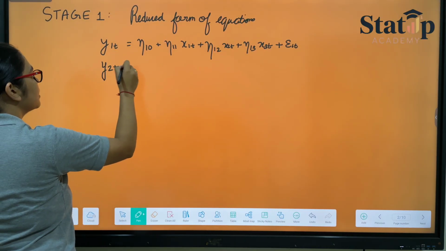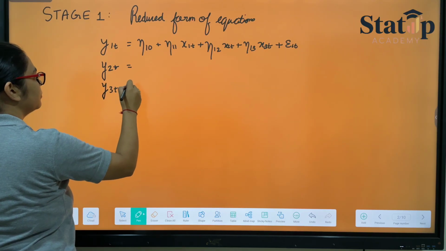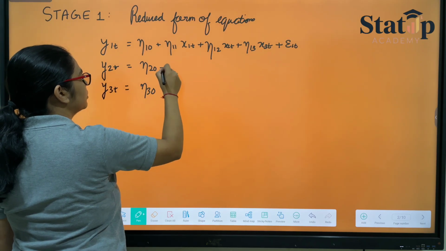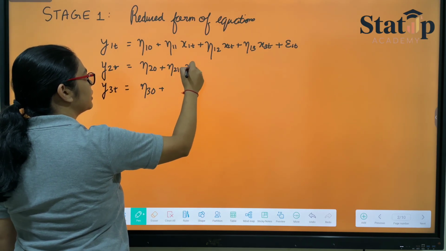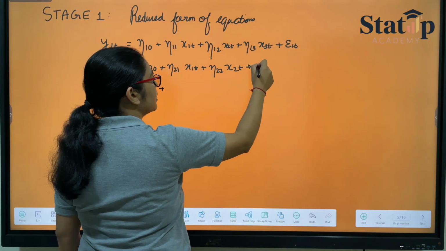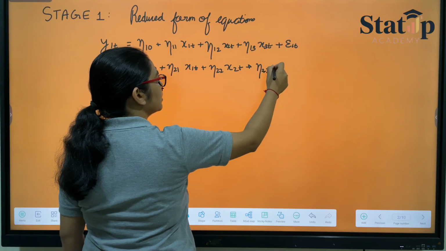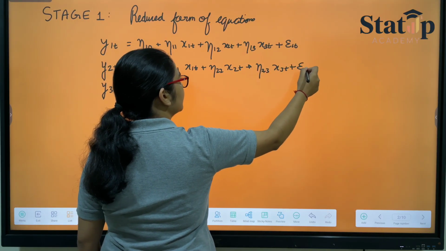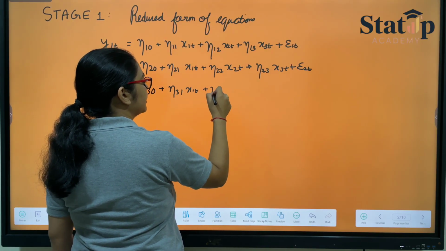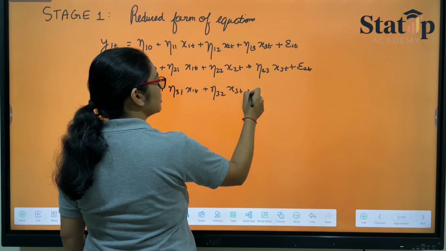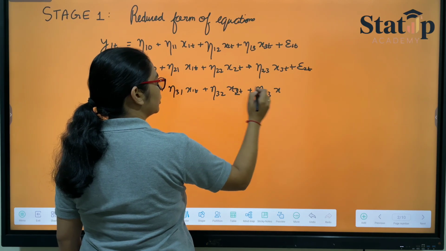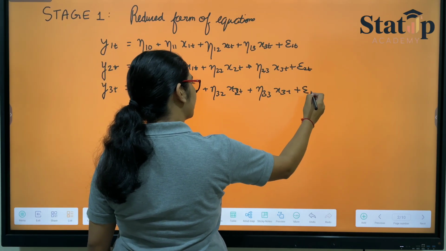Similarly for the second and third, it will be eta 2 0 plus eta 2 1 x1t plus eta 2 2 x2t plus eta 2 3 x3t plus epsilon 2t, and eta 3 0 plus eta 3 1 x1t plus eta 3 2 x2t plus eta 3 3 x3t plus epsilon 3t.